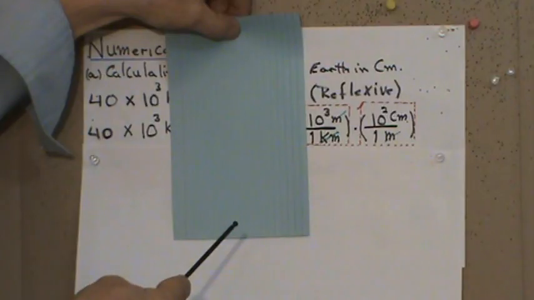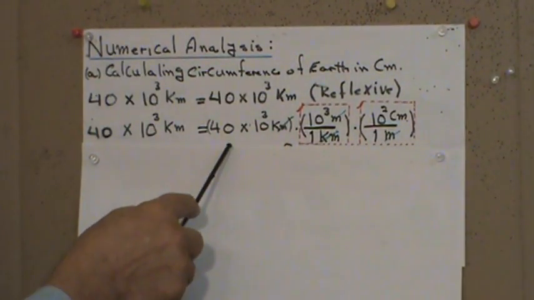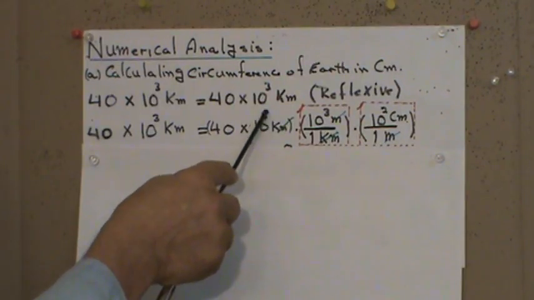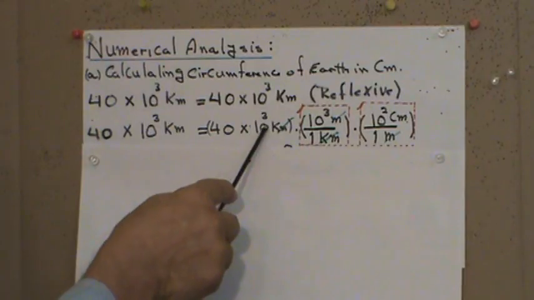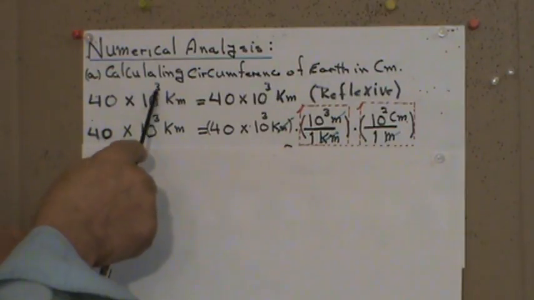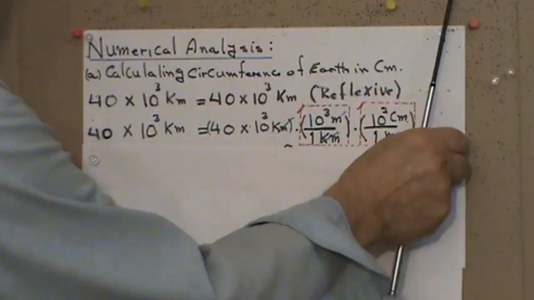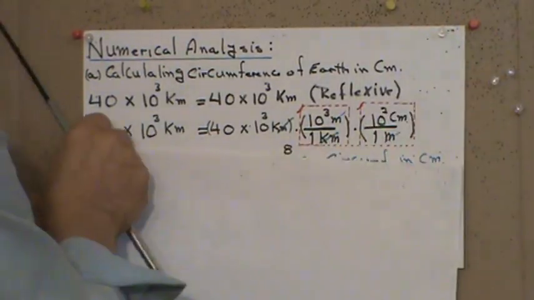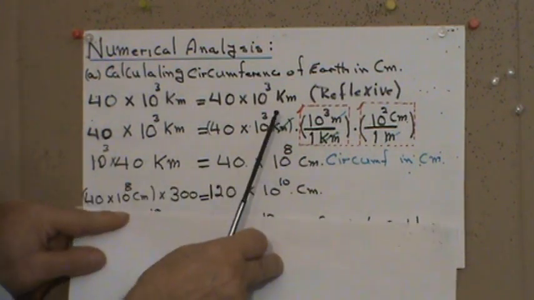Now look, I'm working with powers of 10, and look how beautiful it comes out. So it ends up to be 40 times 3, 6, and 2, 8. So 40 times 10 to the 8 centimeter is equal to 40 times 10 to the 3 kilometer. You follow me so far? Okay, I put that in right-hand.